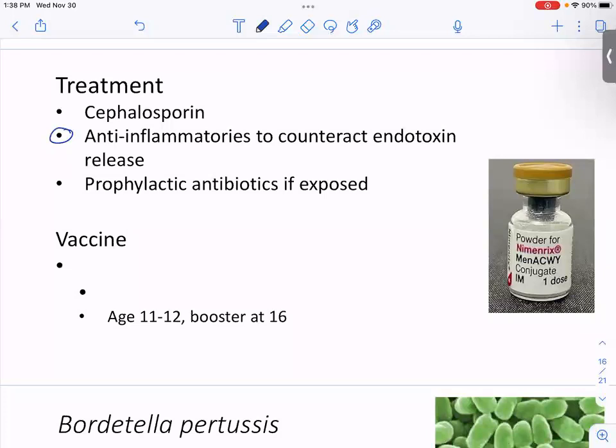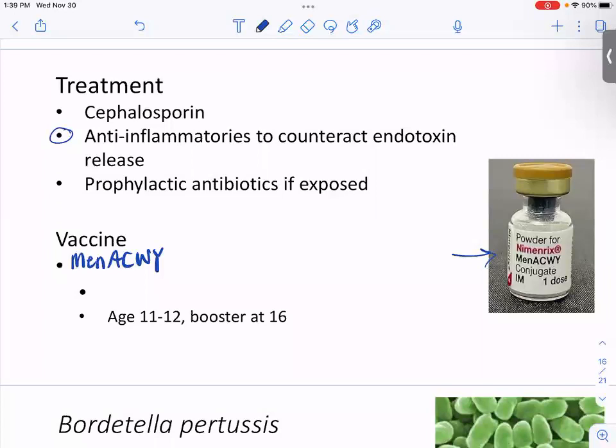Okay, so the vaccine, we're calling this something a little bit different than we used to. It's called Neisseria. Okay, so you can see it right there. Quadrivalent, meaning there's 4 different types of that capsule that are covered.